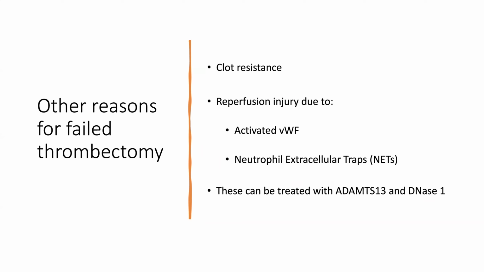It doesn't want any more blood. And people are working on some of these. So the ADAMTS13 and the DNase. The DNase is for the DNA seen in the clot. And then ADAMTS13 is a substance that, I don't think it's in trial, that's looking at the neutrophil traps to try and lyse these neutrophil traps.